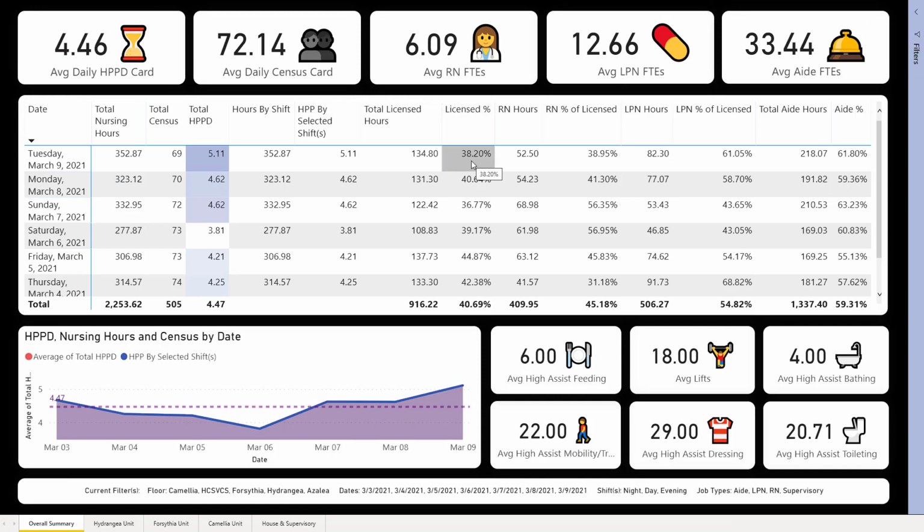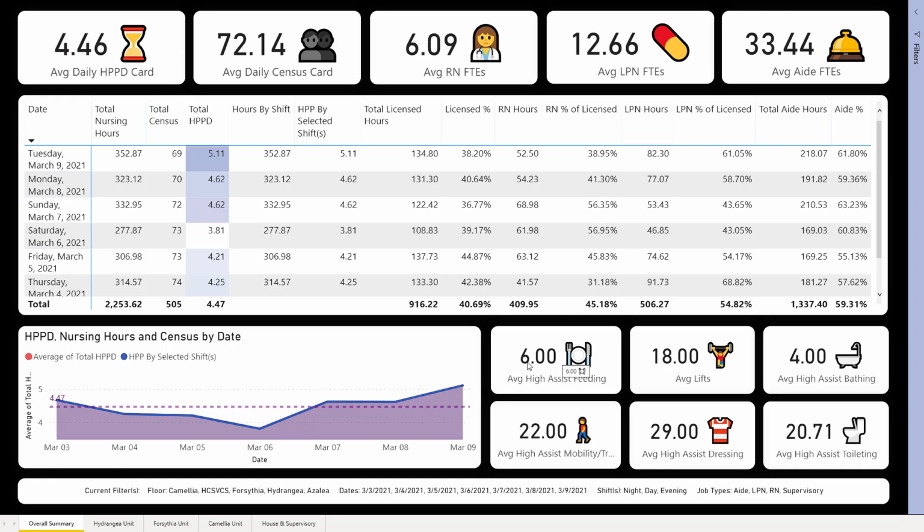It gives you your staff mix ratios, so you can see your number of RNs, overall percentage of total staffing, or also licensed staffing, and go from there. Down here in the bottom right, it gives you your total counts of residents that are having high levels of assistance related to key ADLs. You know, your feeding time.